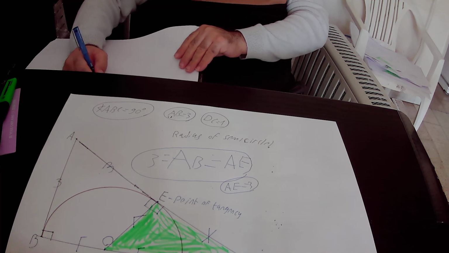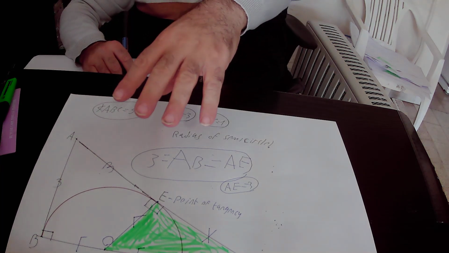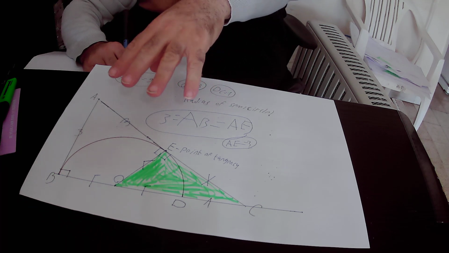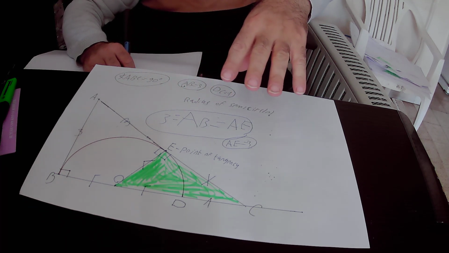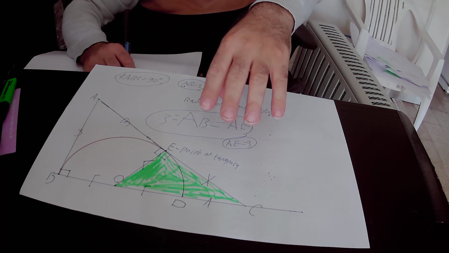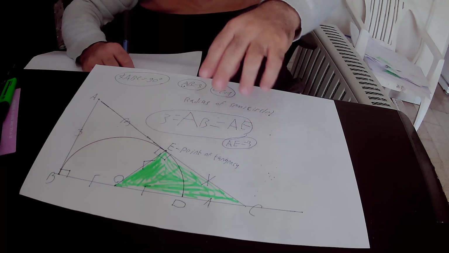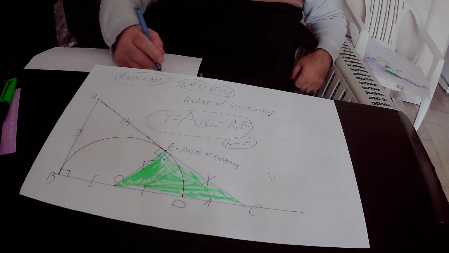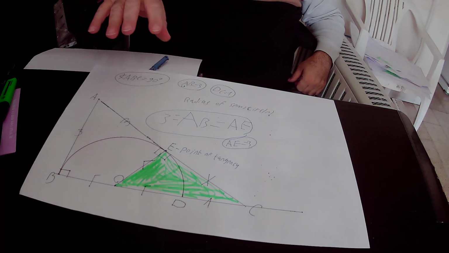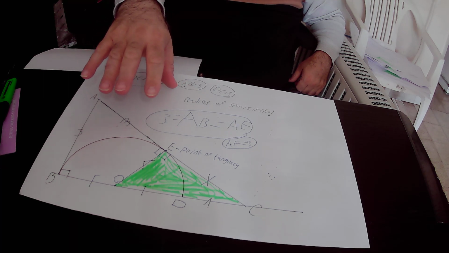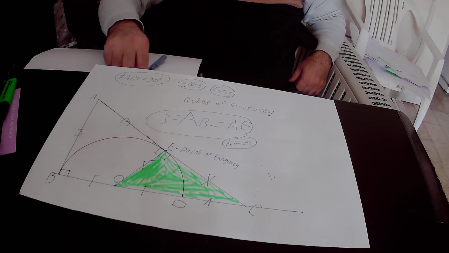In the next step, we will focus on the right big triangle ABC, and on the small right green triangle OEC. And we will actually prove that those two triangles are similar to each other.